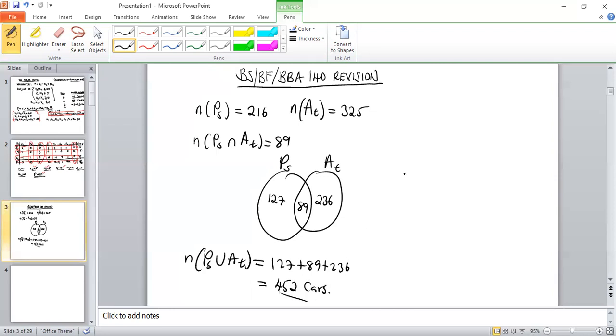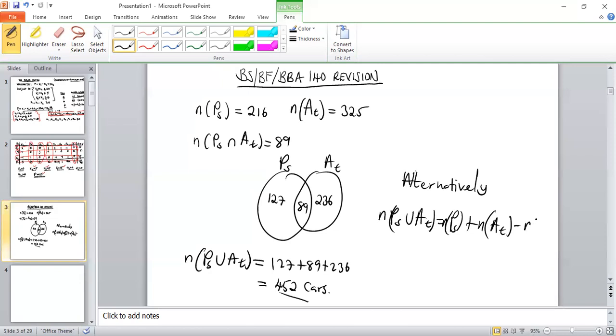And the alternative method, alternatively, you can use the common one where you say power steering union automatic transmission is equal to power steering plus automatic transmission minus intersection of power steering and automatic transmission.